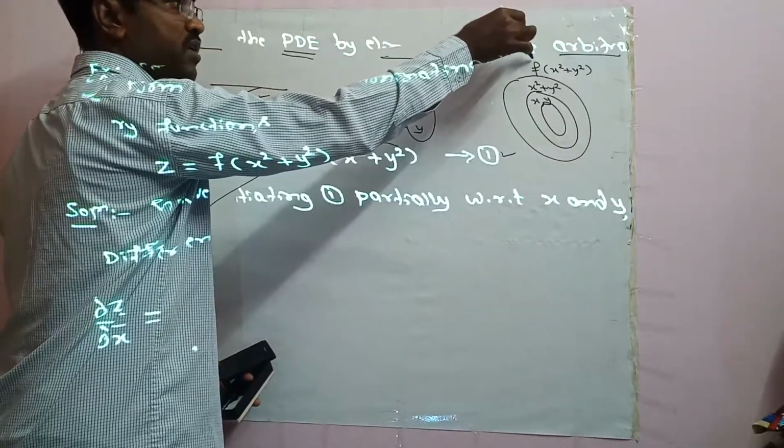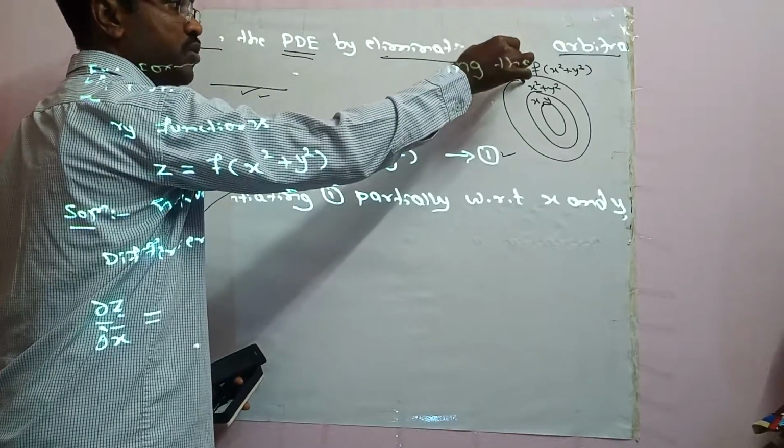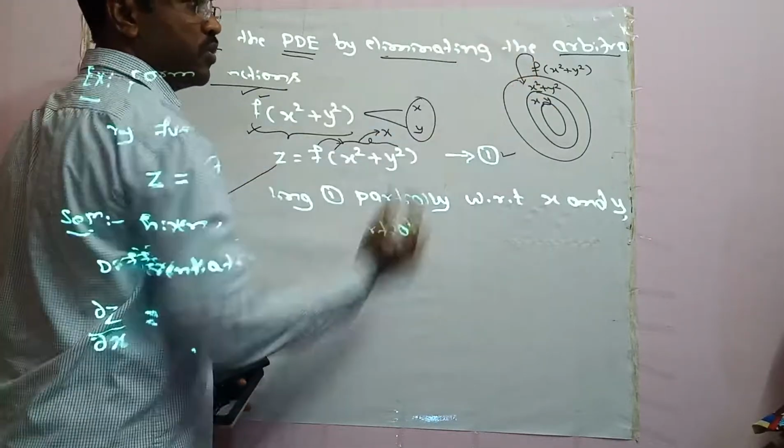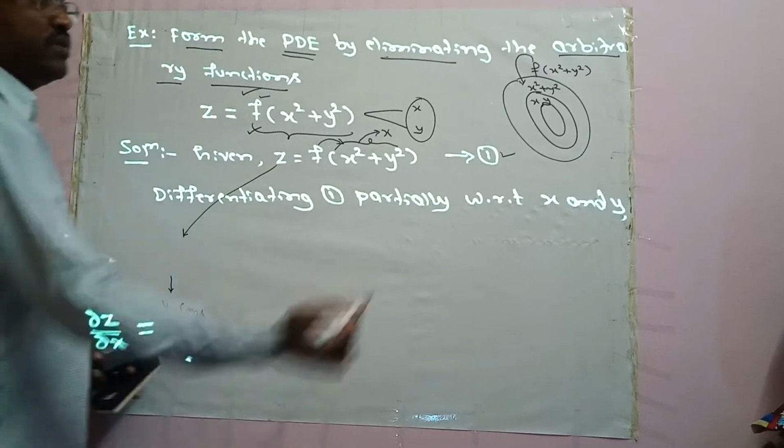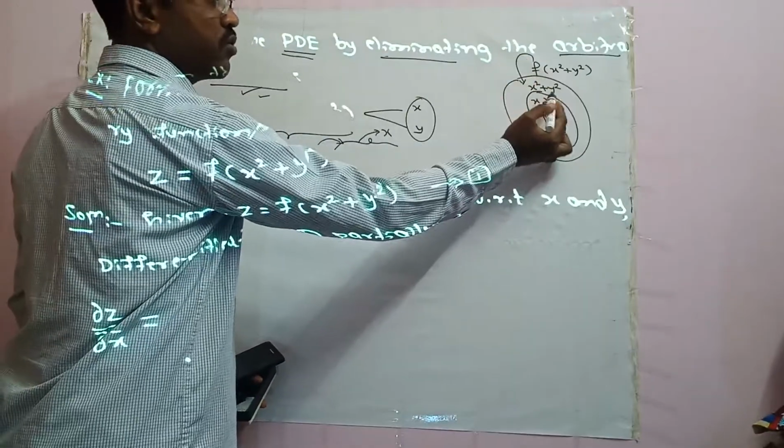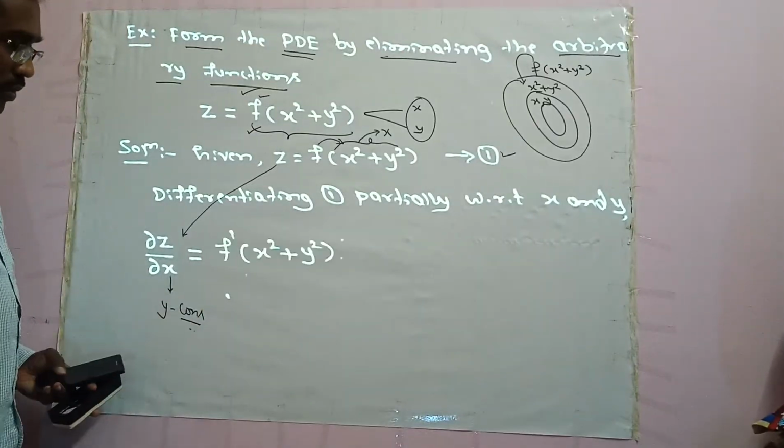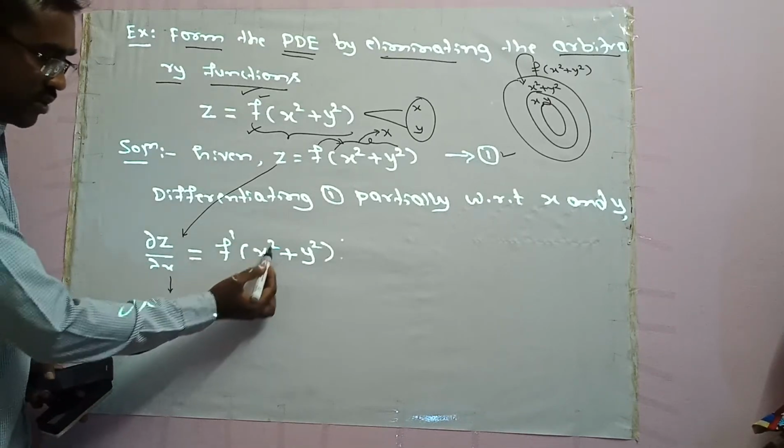So we differentiate first f with respect to x square plus y square. If you differentiate f with respect to x square plus y square, what you get? f dash of x square plus y square.